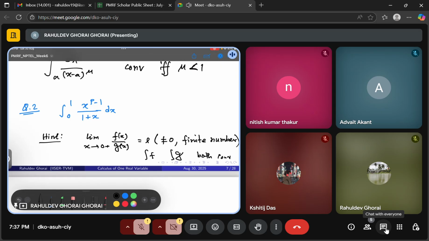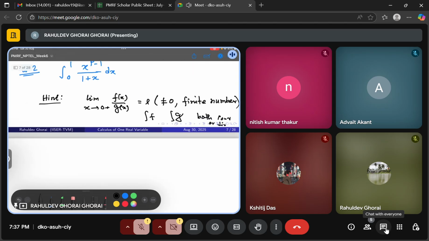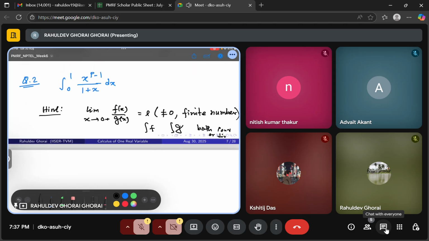If one converges, the other will converge, and if one diverges, the other will diverge. Mainly, you need to find the function g(x). Assume f(x) is x to the p minus 1 over 1 plus x, and find the function g(x) such that the limit x tends to 0 plus f(x) over g(x) is equal to a finite number L.